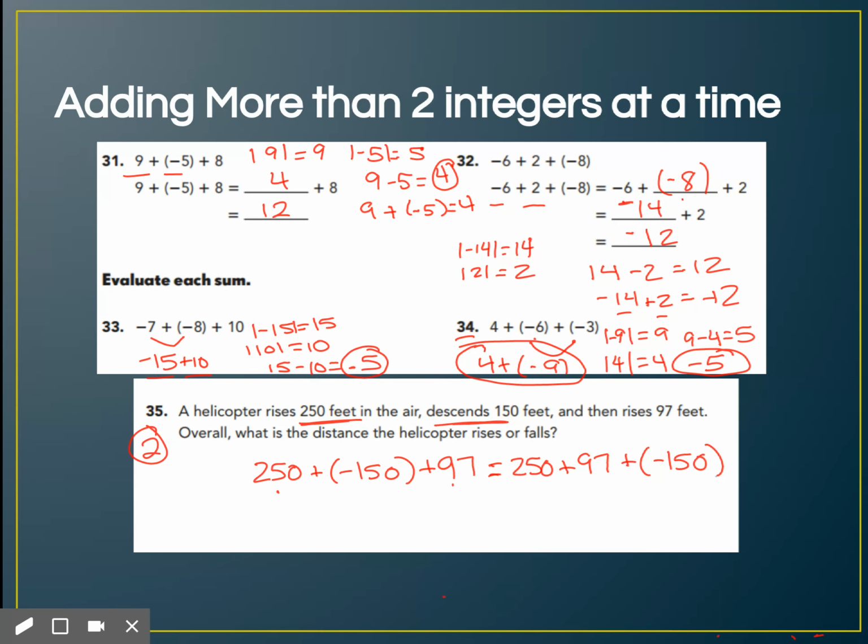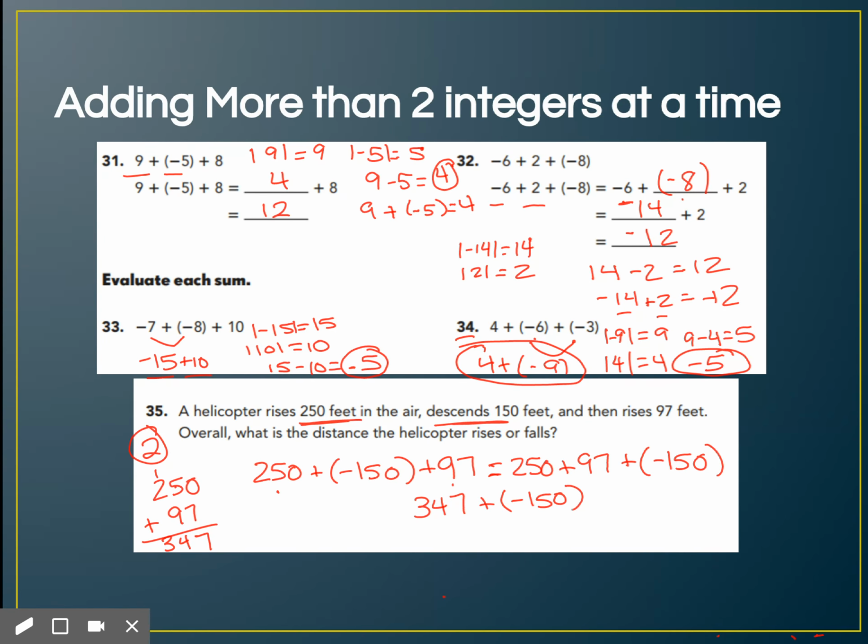So 250 plus 97. I'm going to add that vertically just to make sure I'm making no mistakes. 0 plus 7 is 7. 5 plus 9 is 14. So that means 347 plus a negative 150.